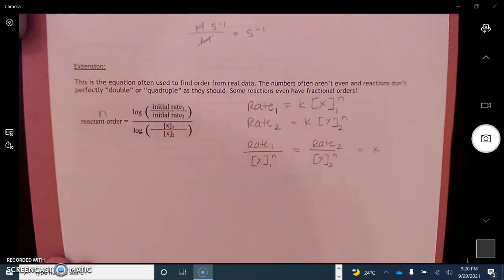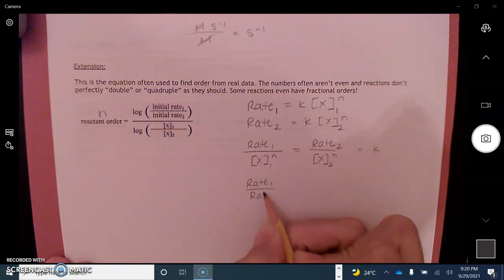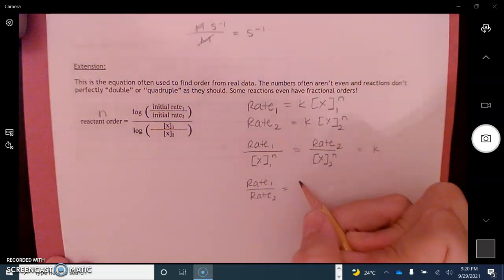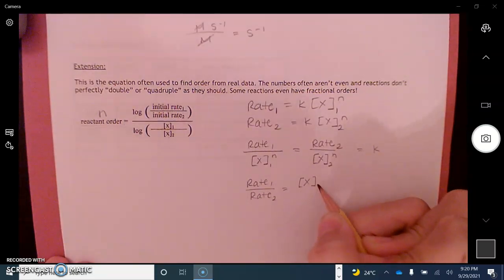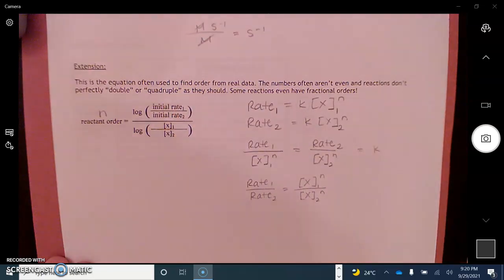So I'm going to rearrange this by putting both the concentration to the power n terms on the same side. Rate 1 over rate 2 equals concentration at time 1 to the power n over concentration at time 2 to the power n.